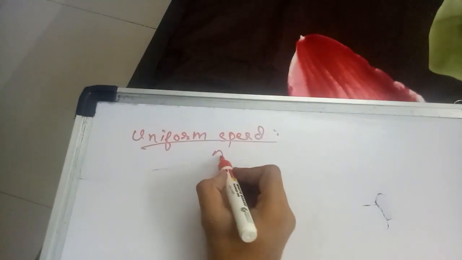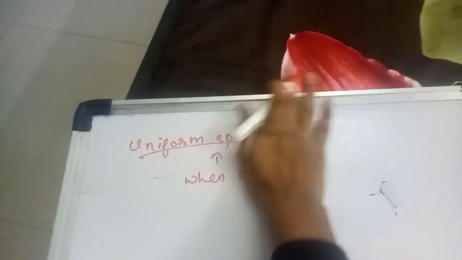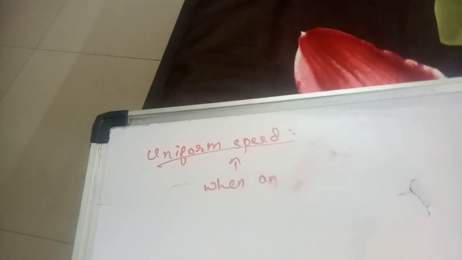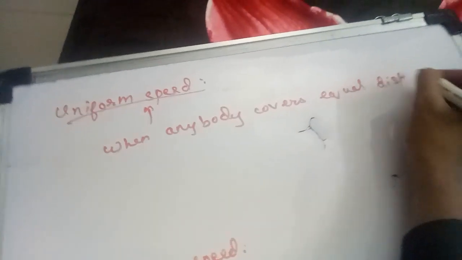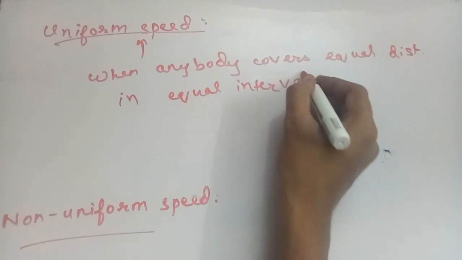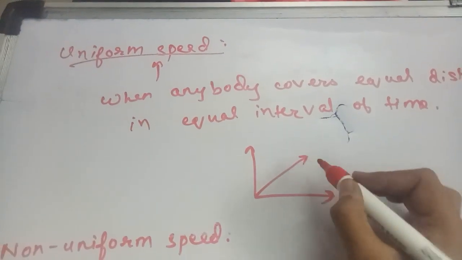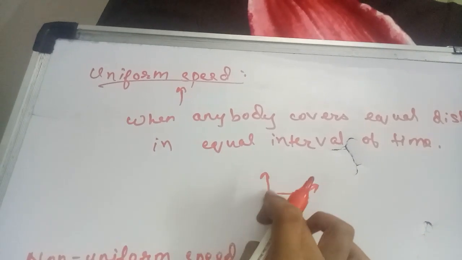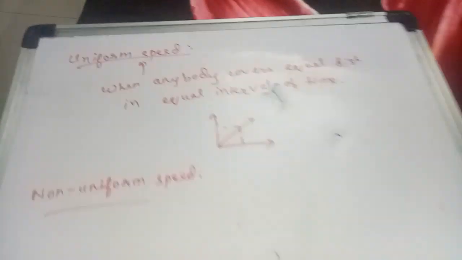Uniform speed: when any body covers equal distance in equal intervals of time, and this is the graph for uniform motion.